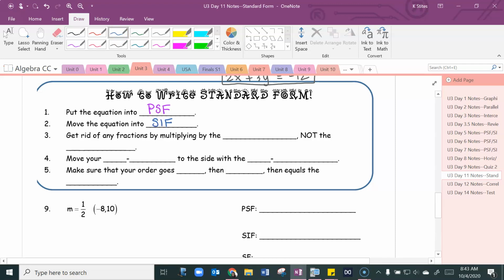If we have fractions, we're going to multiply it by the denominator, not the reciprocal. Okay, and then we're going to move our x value to the side with the y value. And finally, we want to make sure that our order goes x first, then y, and then that's equal to our number.